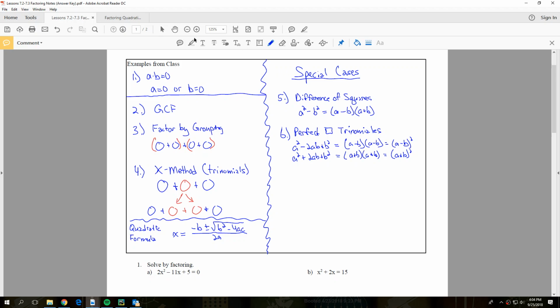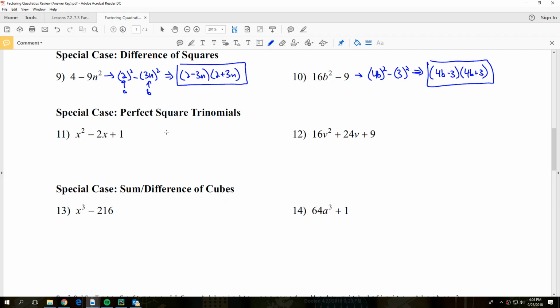All right. So let's go ahead and actually do these then, get them out of the way. It is one of our special cases. In this case, like I said, this would be x squared plus 2 times x times negative 1, which is why that negative comes out here, plus negative 1 squared.